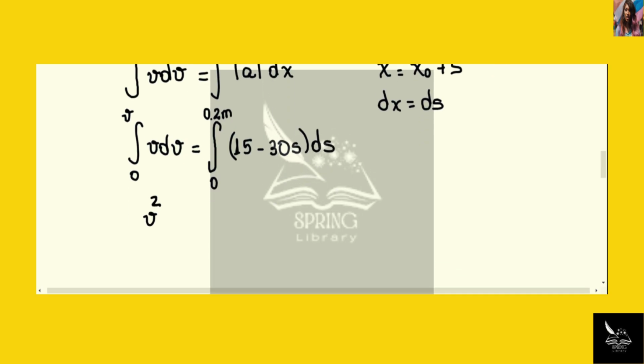The first term results in v squared over 2, and the second term is 15s minus 15s squared, from 0 to 0.2 meters.